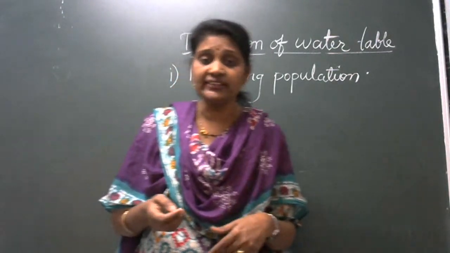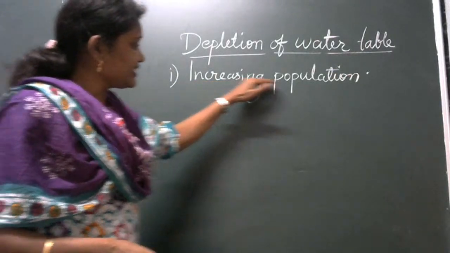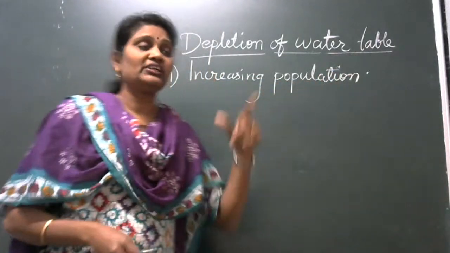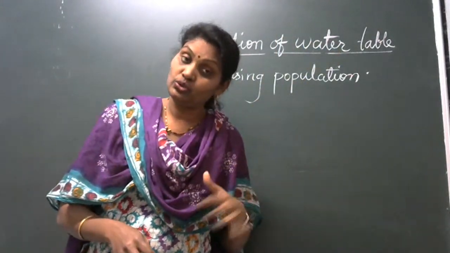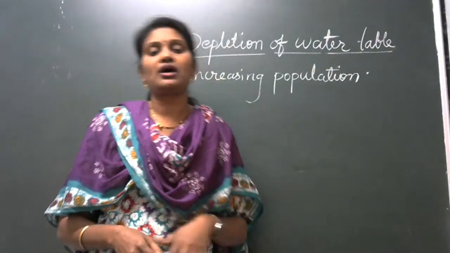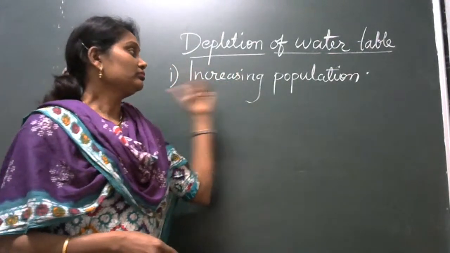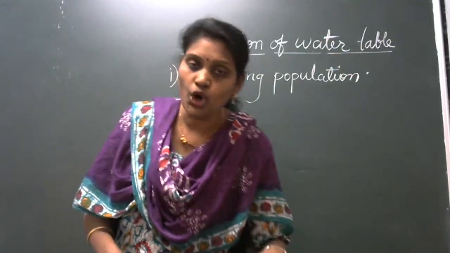Are you understanding, student? So ultimately you can see increasing population will deplete the water table. ज्यादा नंबर है तो हमारा पानी भी ज्यादा यूज होगा, और ज्यादा पानी यूज होगा means again the water table will decrease. Clear to all?